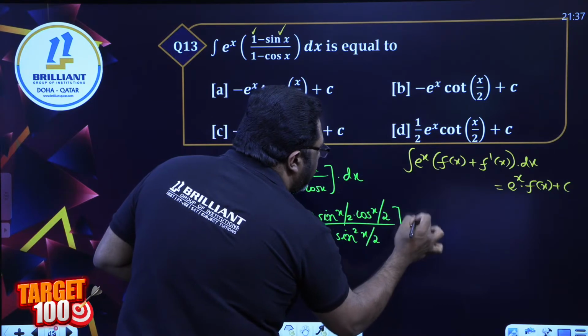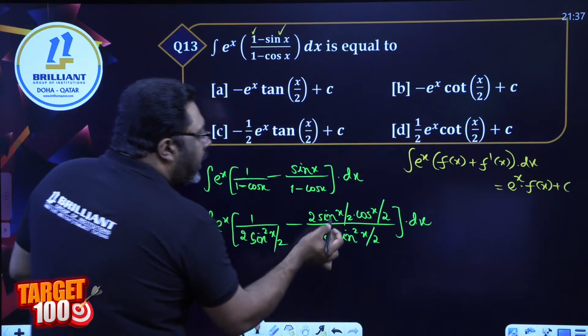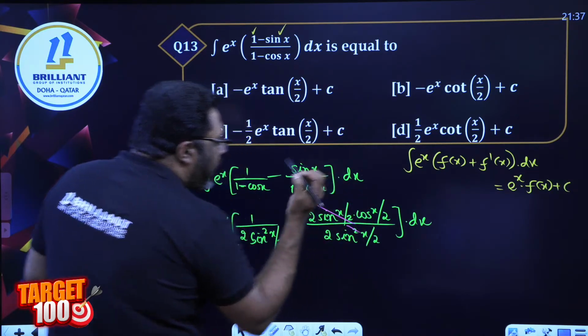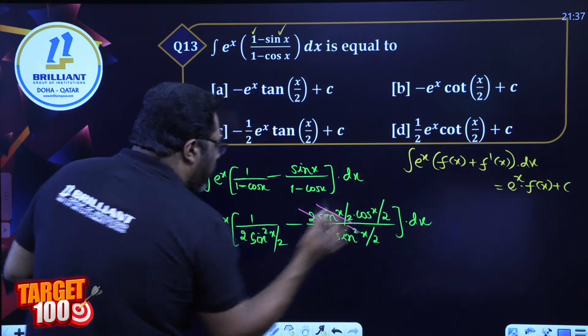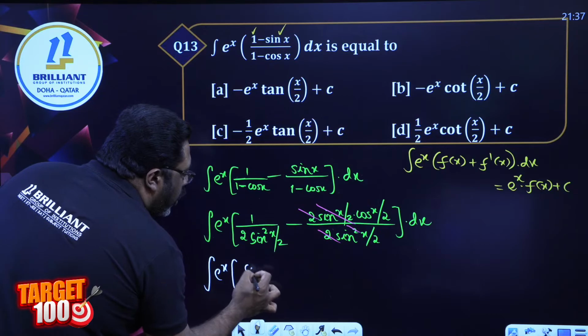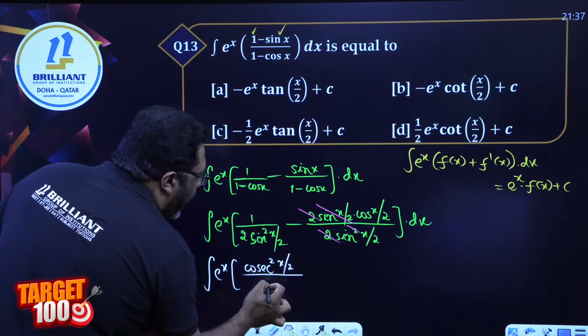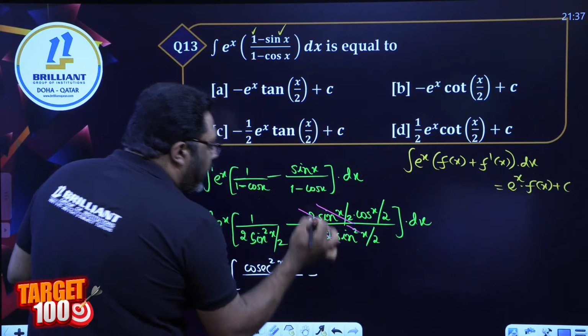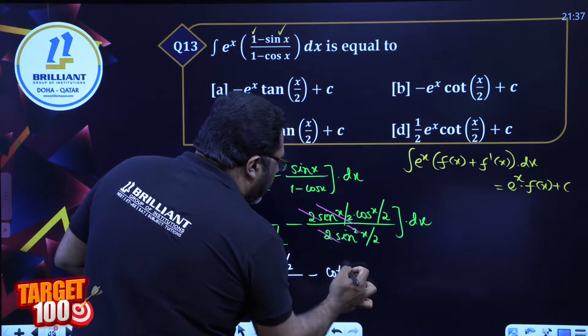Answer is done, my dear students. Once the formula is applied, the result is ready. Now can I take out sine and sine squared here? 2 and 2 here. So this answer is now integral e raised to x into cosec squared x by 2 by 2 minus cot x by 2.